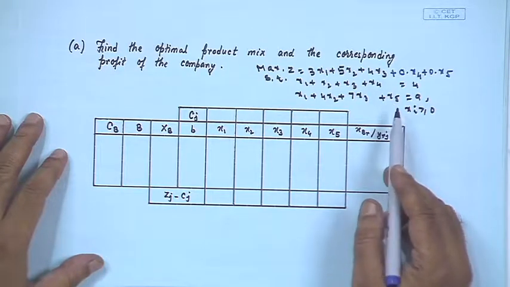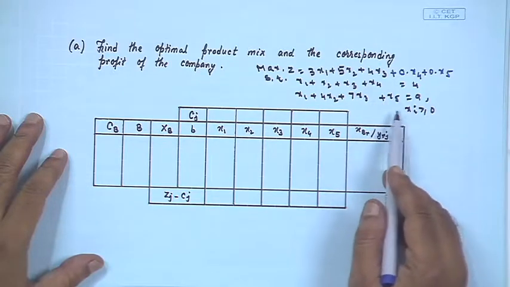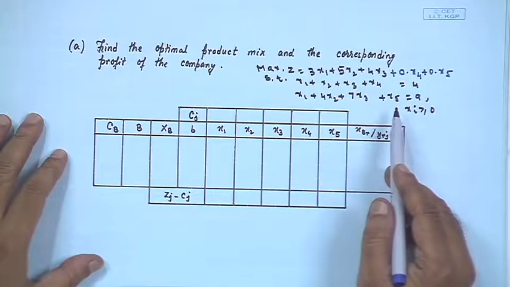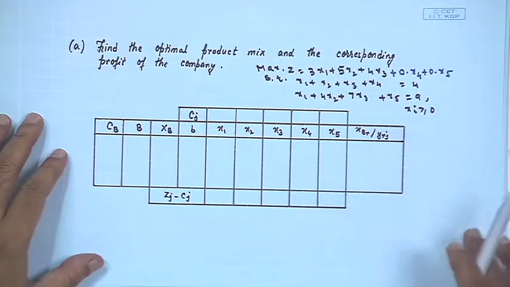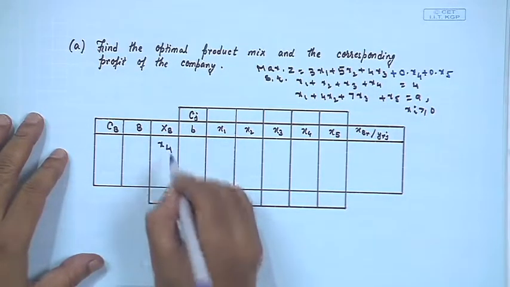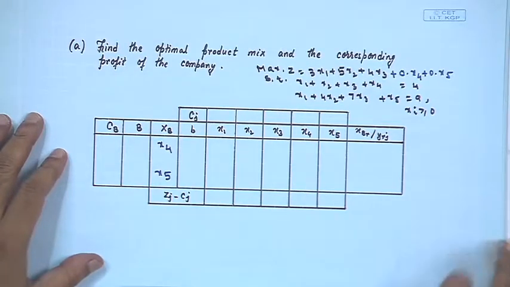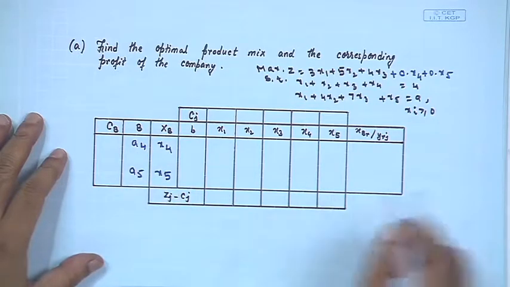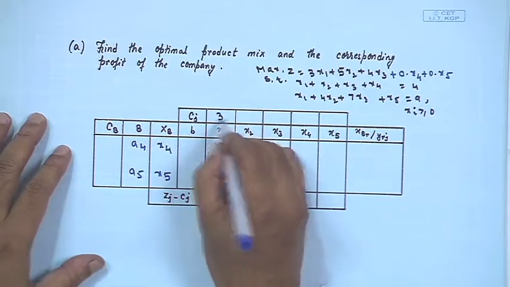As usual, the initial basic feasible solution will be x4 equals 4, x5 equals 9. So, in the basis you will have 2 variables, x4 and x5, say a4 and a5. We will not spend more time on this because we have done all these things earlier.